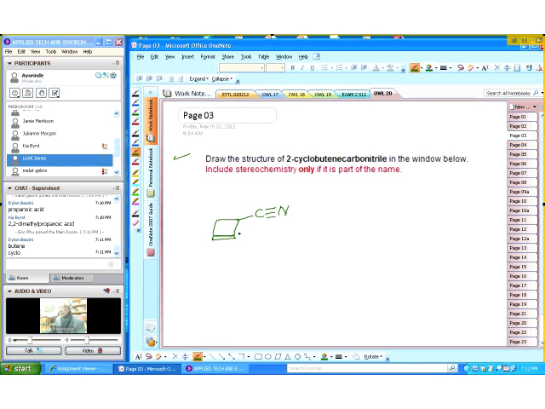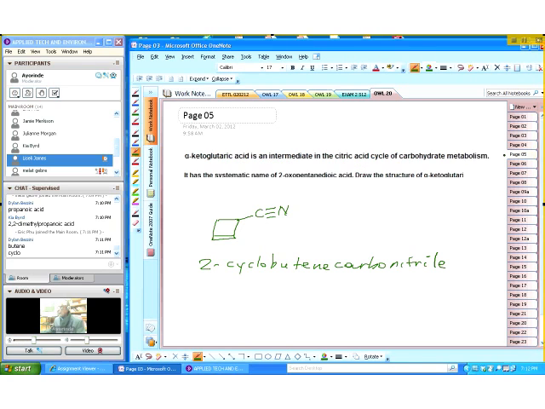So the double bond is here. So therefore, this becomes 2-cyclobutene carbonitrile. Okay, very good. Okay, so we are moving right along.